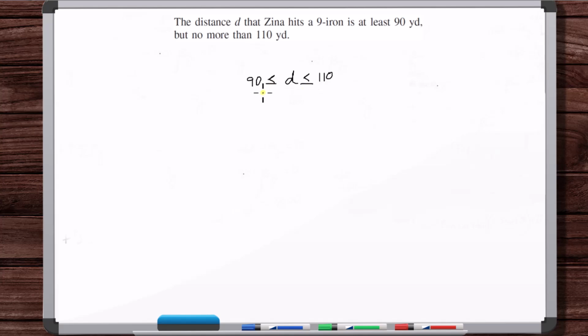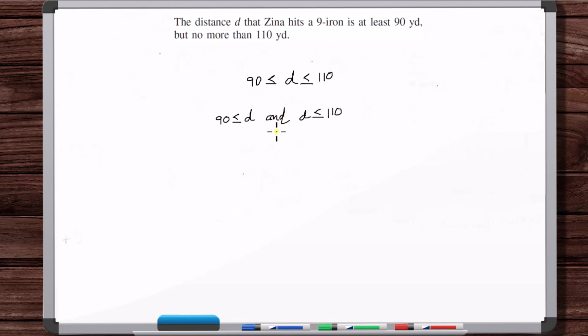You could think of this like the solution. We didn't have to set up an equation and solve it. Just based on the given statement, this is the inequality. And you can think about this as an and inequality. So this is a compound inequality, and specifically an and one, because you have the situation is 90 is less than or equal to D, and D is also less than or equal to 110, right?